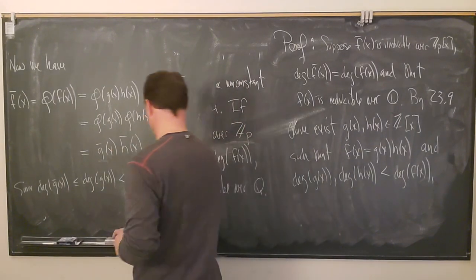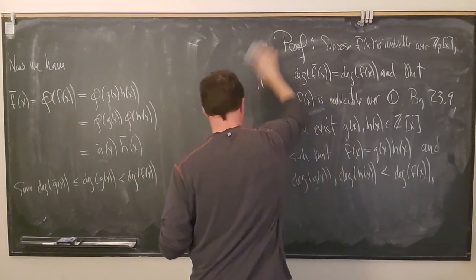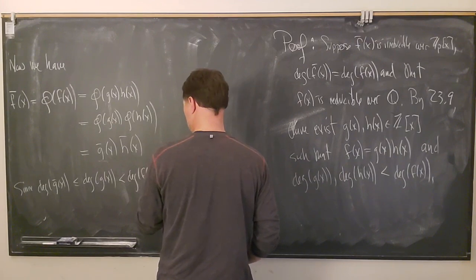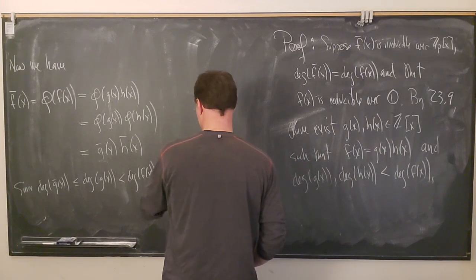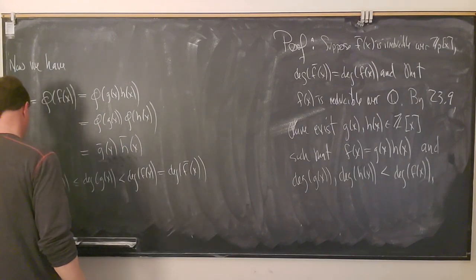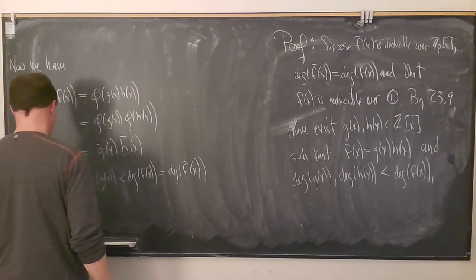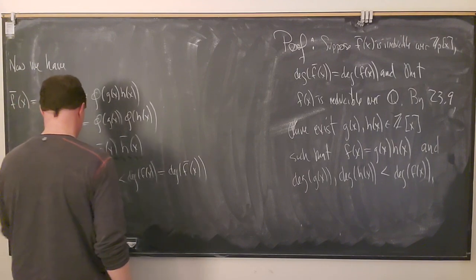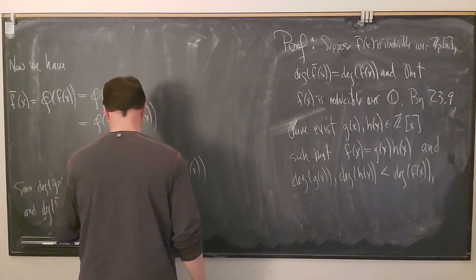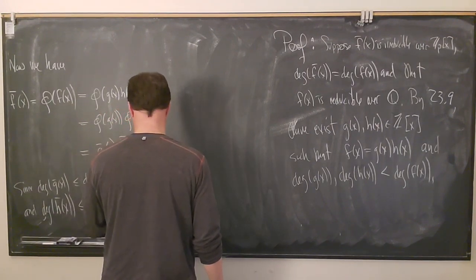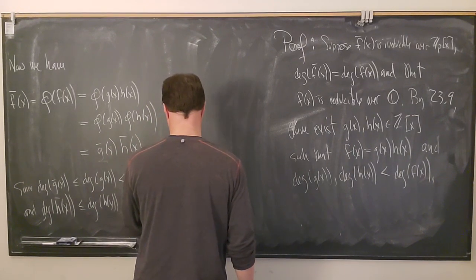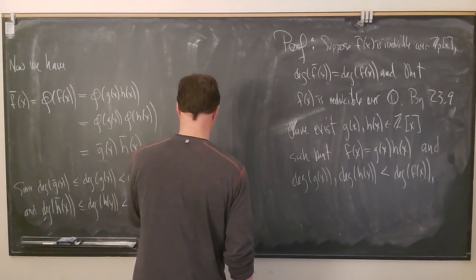So this is less than or equal to the degree of f of x, which is equal to the degree of f bar of x. And same thing with the h's. The degree of h bar of x is less than or equal to the degree of h of x, which is strictly less than the degree of f of x, which is equal to the degree of f bar of x.